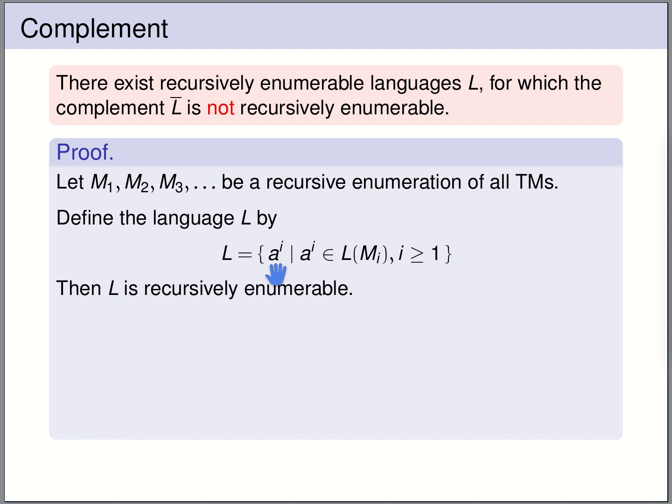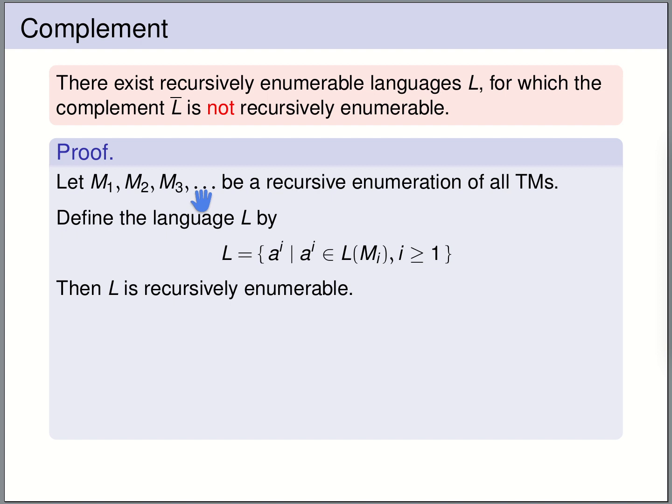Now this machine runs the machine that computes this enumeration. So it enumerates the Turing machines M1, M2, M3, and so on. And we stop as soon as we have enumerated the machine Mi. So if our input word is a to the power i, then we construct the machine Mi.